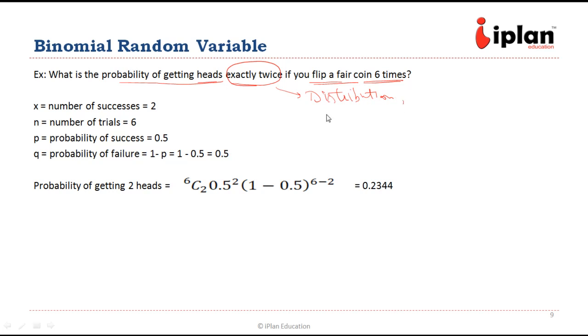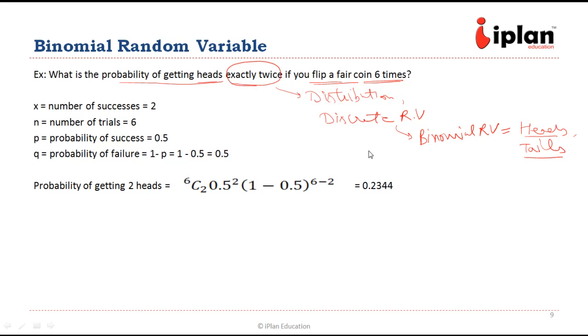We know this is a discrete random variable since it can hold only a few discrete values and it can hold only two values. So it is a binomial random variable and can hold only two values, which is heads or tails. We have to calculate the probability of getting heads exactly twice.